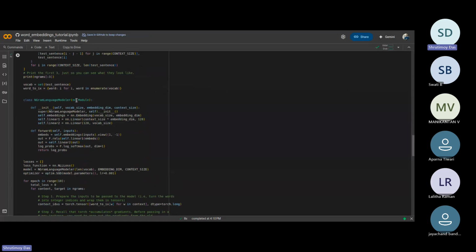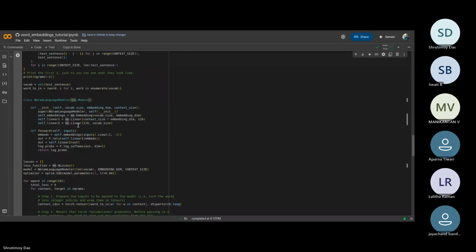Like I was saying, whenever you are trying to create a network, you have to import from this NN package that you imported beforehand. There is something called nn.Module. This module basically defines how you describe a neural network. So again, you do this initialization, you have these constructors, and then you define the layers that you have.